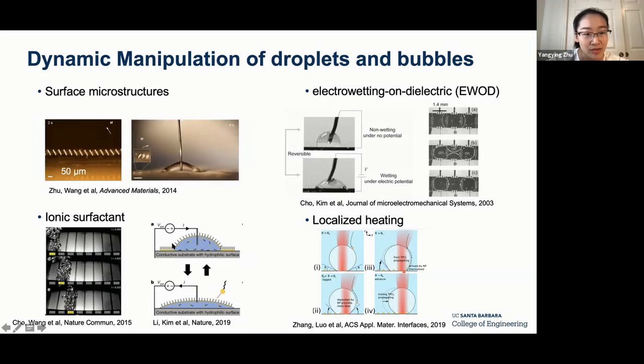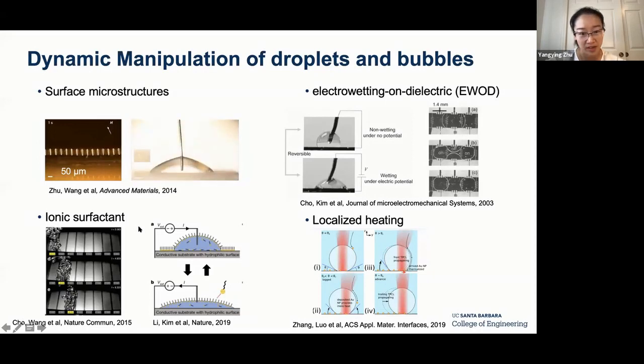They actually used these ionic surfactants to realize digital microfluidics. So you could do a lot of complex fluid manipulations, such as merging, splitting, all the things we mentioned before. But using these methods, although you still need an electric field, you only need like 2 or 3 volts, really low voltage. So that's really a big advantage.